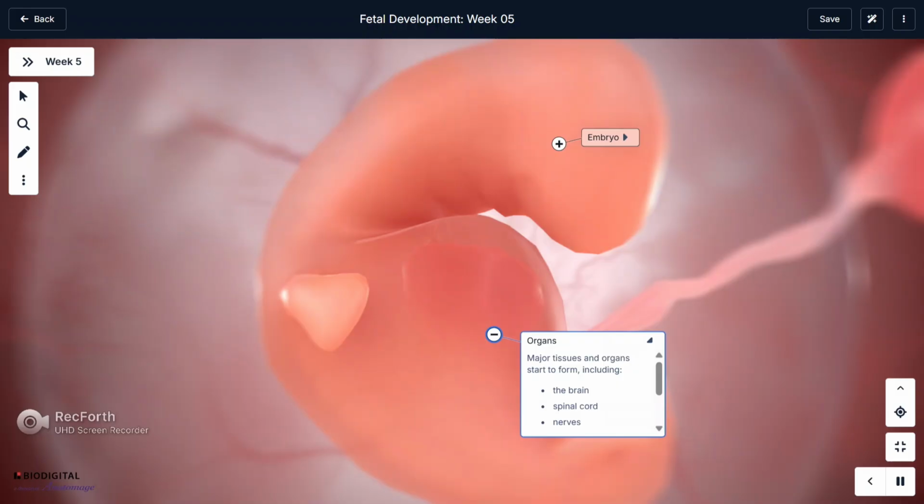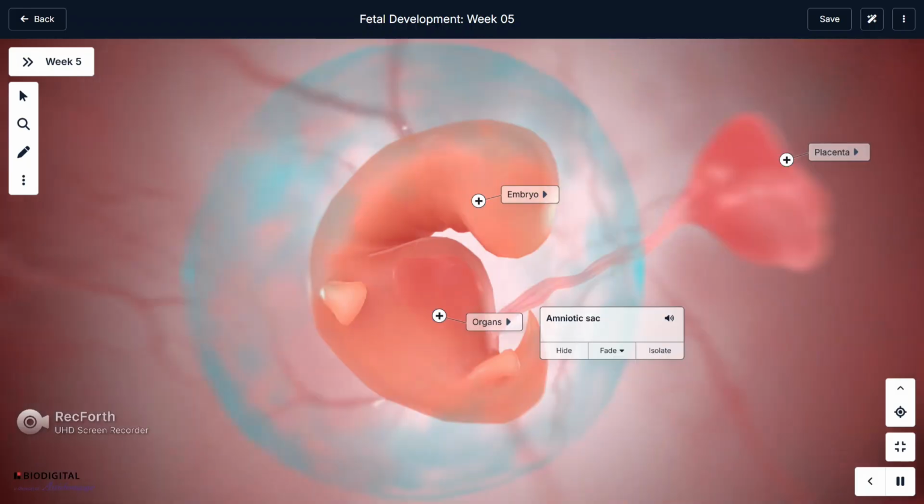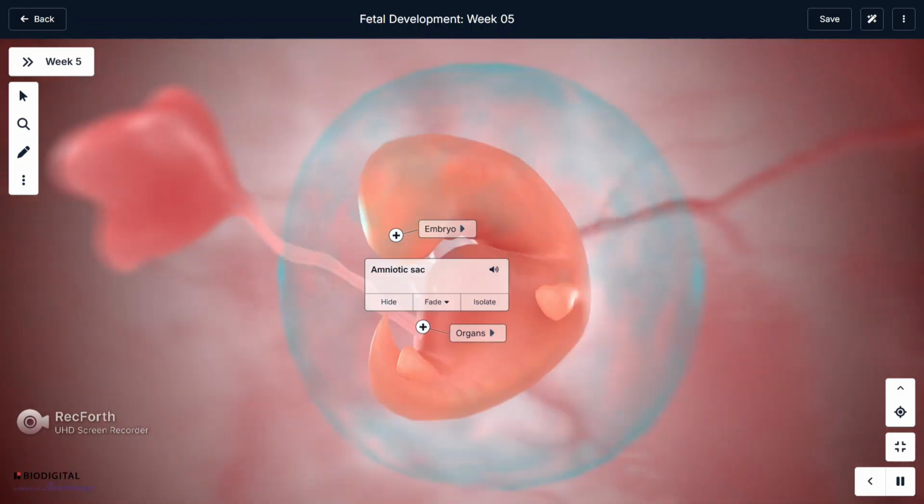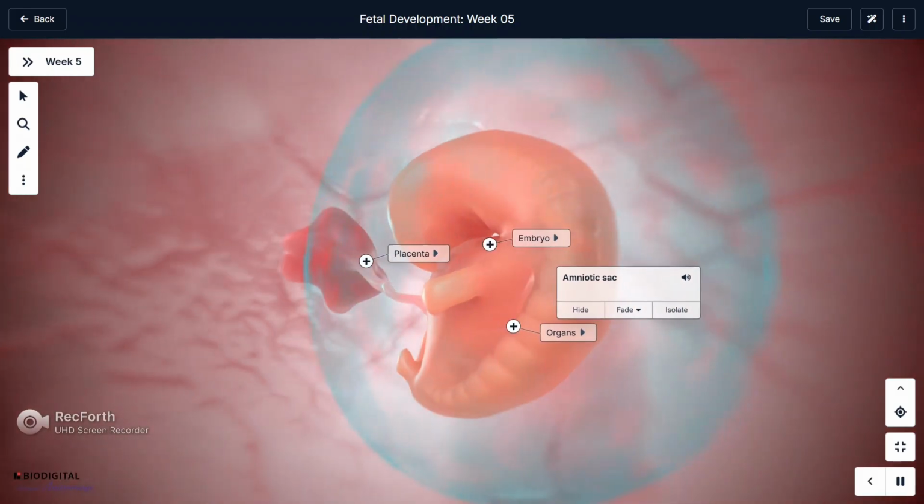And the major tissues and organs start to form, including the brain, spinal cord, nerves, heart, blood vessels, kidneys, and gastrointestinal tract. So this is the embryo in week 5.